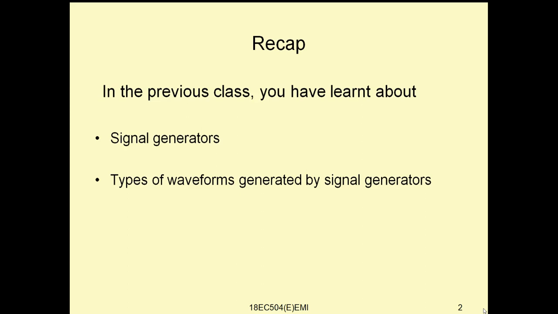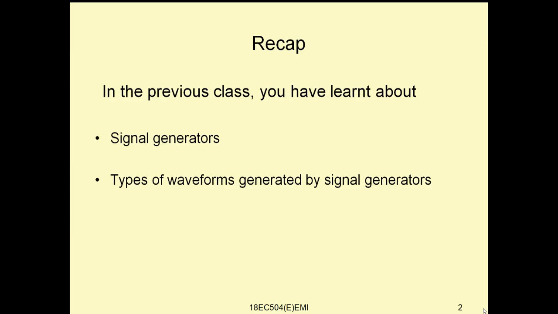We have discussed the function generator, its working and block diagram, and the applications of the AFO and function generator. We also discussed the working of the RF signal generator, its basic block diagram and functional block diagram.